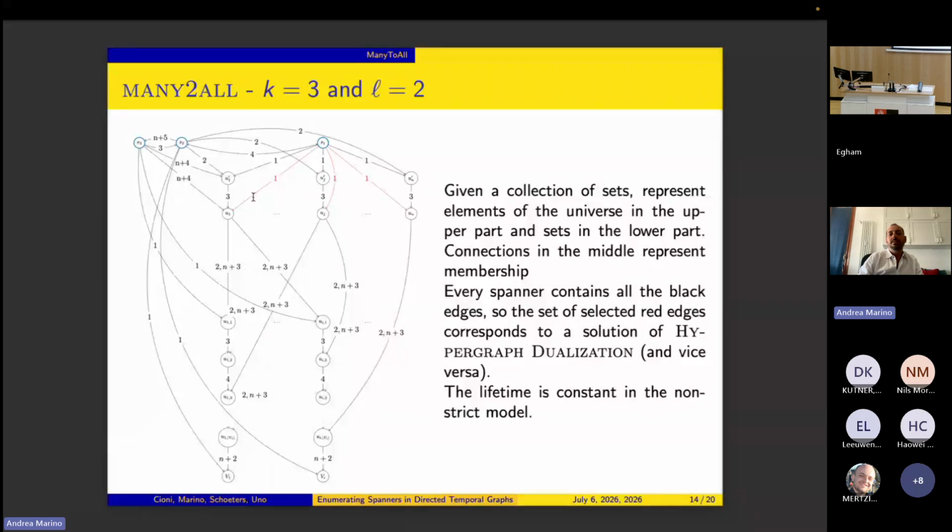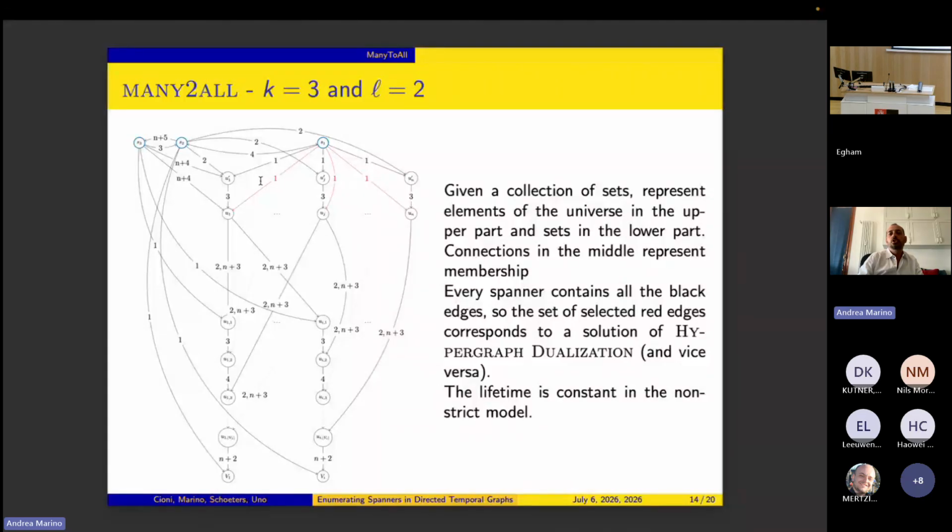And these connections make the membership of elements inside the sets. The whole construction is made in a way that all edges are necessary. Since in minimal hitting set you have to enumerate the subsets of this layer to hit all below, the connections are made to make all the black edges mandatory and make only the red edges choosable.